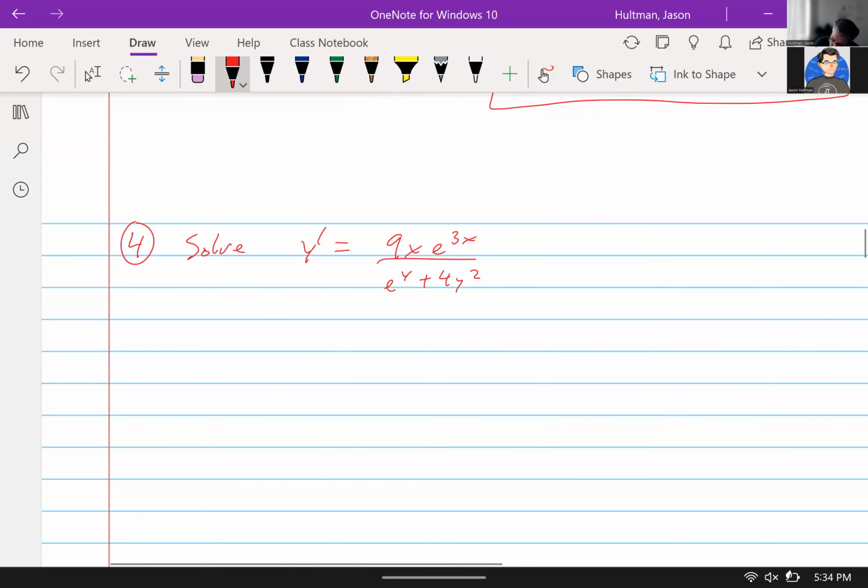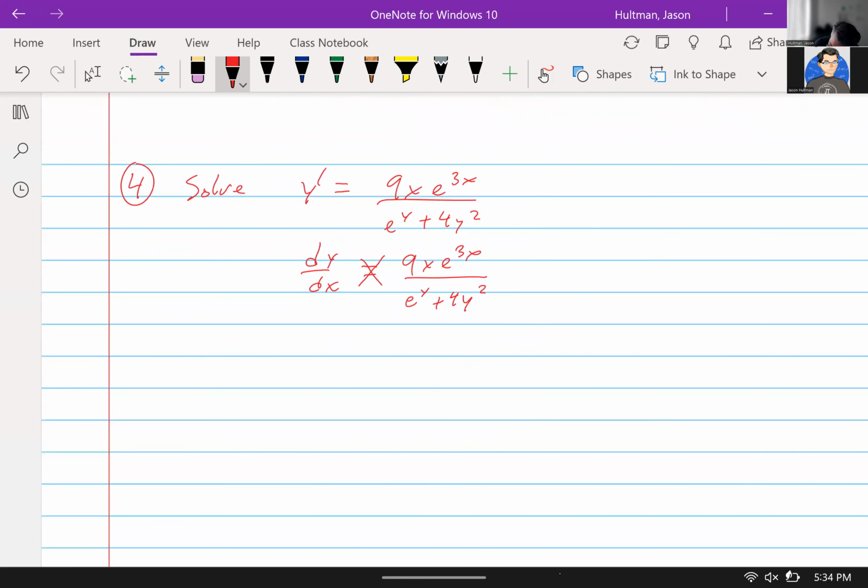Okay, so nice separable differential equation because everything that involves x is on the top and everything that involves y is on the bottom. So basically, I'm just going to want to cross multiply in a way. Okay, so let's just cross multiply there. I'm going to get e to the y plus 4y squared dy is equal to 9x e to the 3x dx.